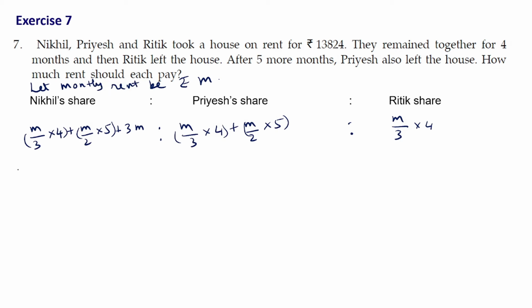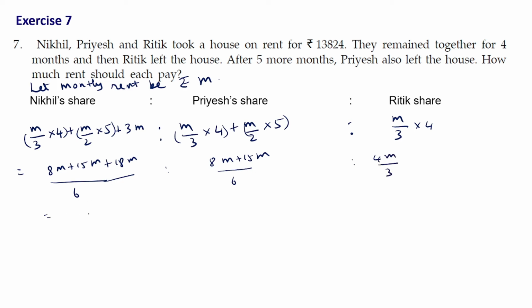So this is equal to, here LCM is 6. So here we have 8M plus 15M plus 18M is to, here again LCM is 6, so 8M plus 15M, and here it is 4M by 3.